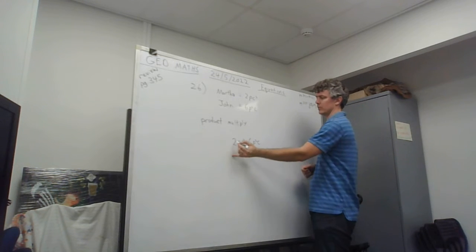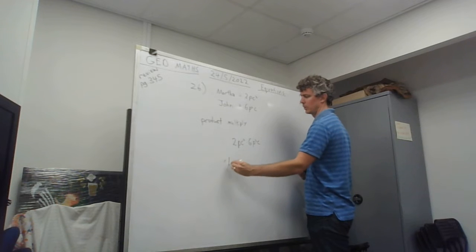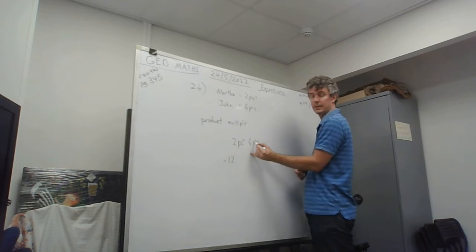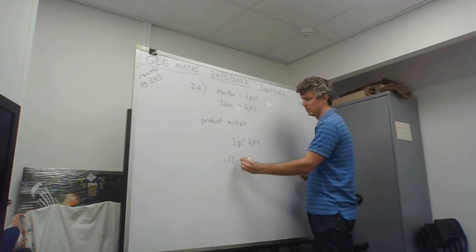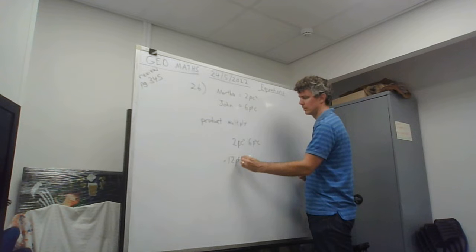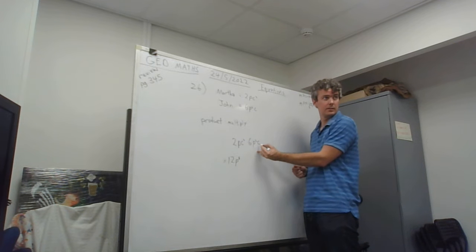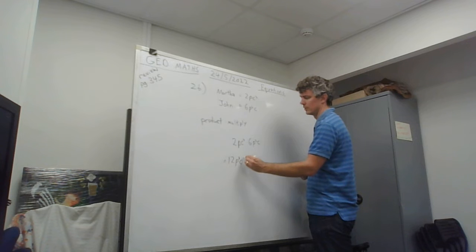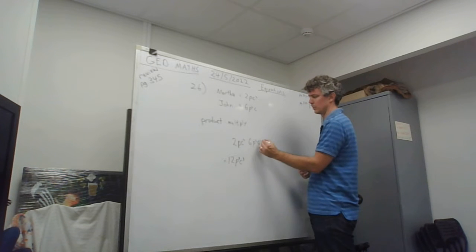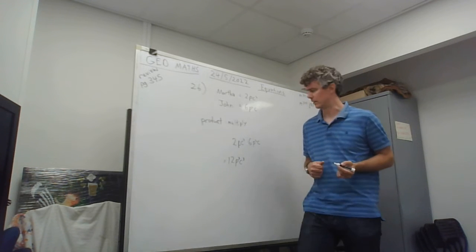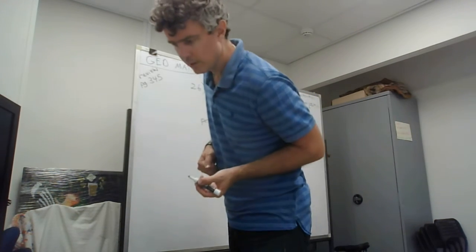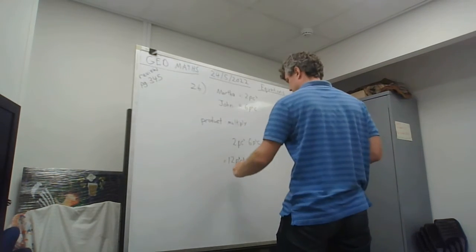Let me just multiply. So 2 times 6 is 12. p times p squared is p cubed, because we add the exponents. And c squared times c is also c cubed, because we add the exponents, 2 plus 1. So the answer is 12p cubed c cubed, which is option D.